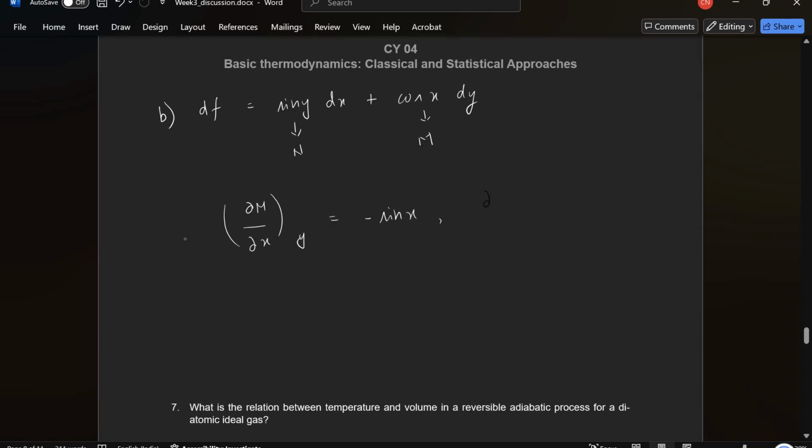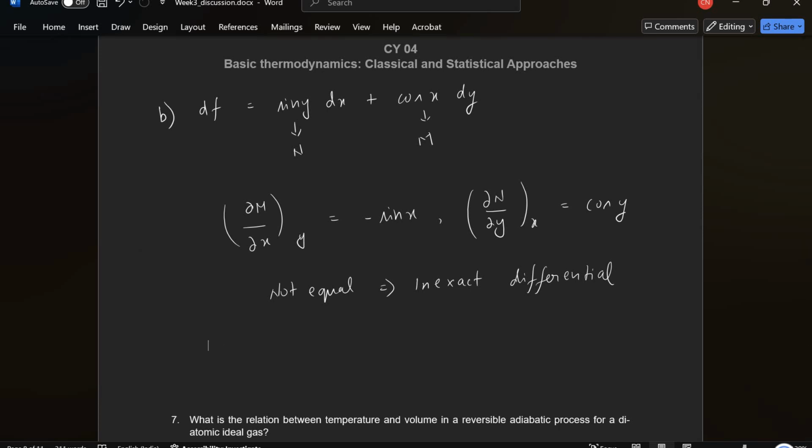Then del N by del y at constant x is going to be cos y. So again they are not equal, so it is an inexact differential.